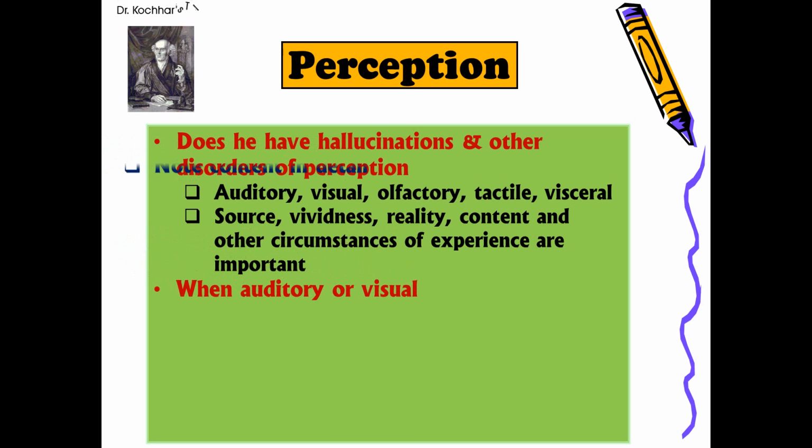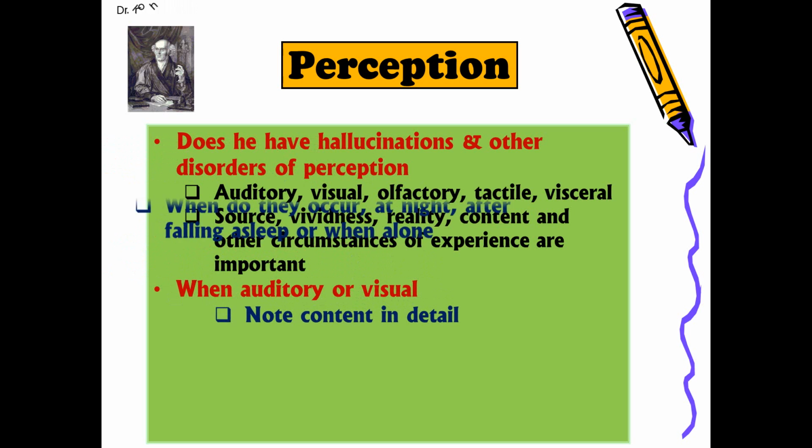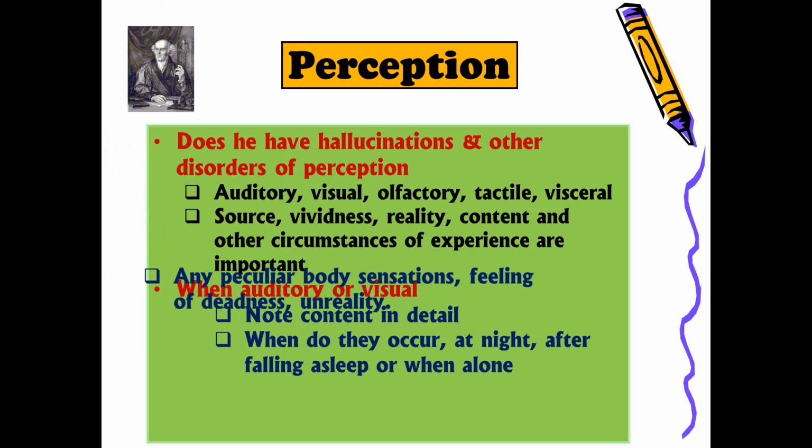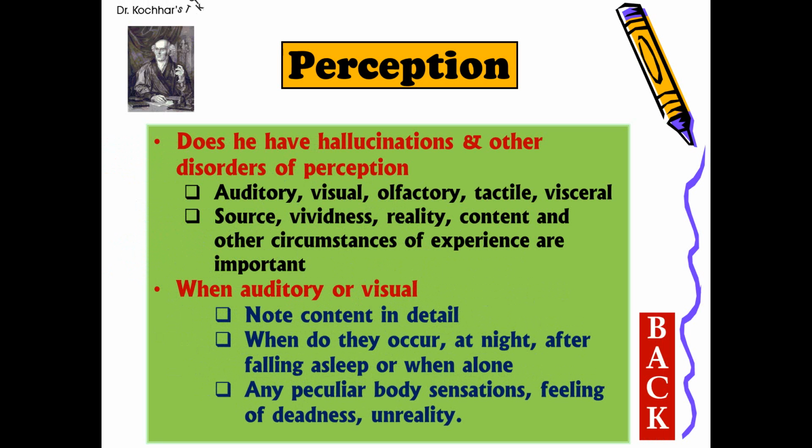When auditory or visual hallucinations are there, note content in detail, and when they occur, whether they occur at night, after falling asleep, or when alone. Any peculiar body sensation, feeling of deadness, unreality, etc., we are required to note.